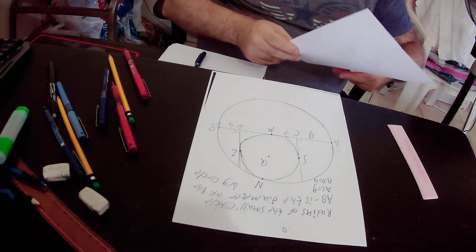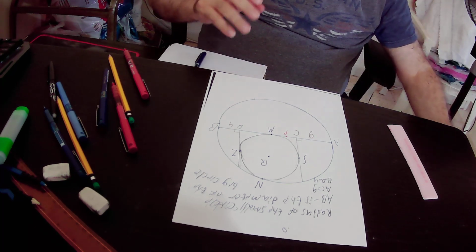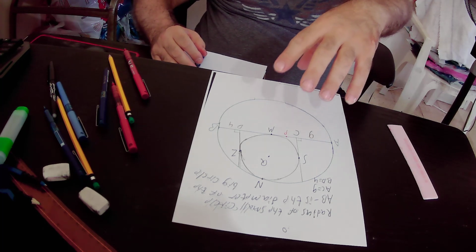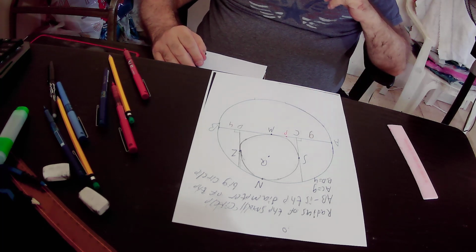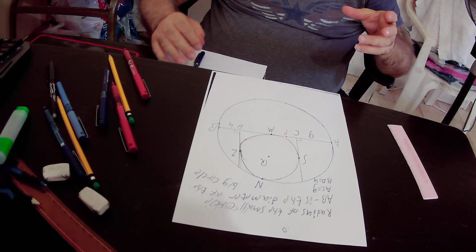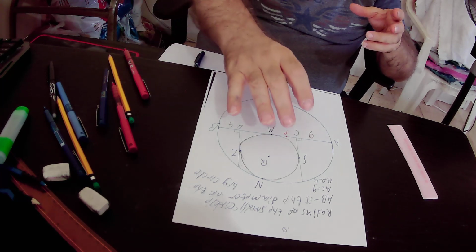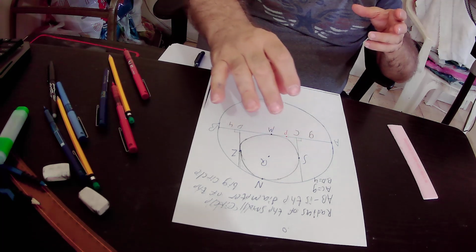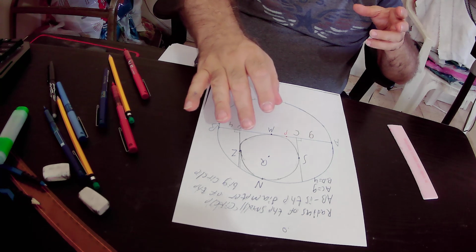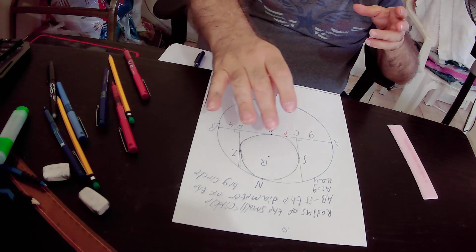Okay, and we want to find out the radius of the small circle. So we have here 3 points of tangency between the circle and the tangents.